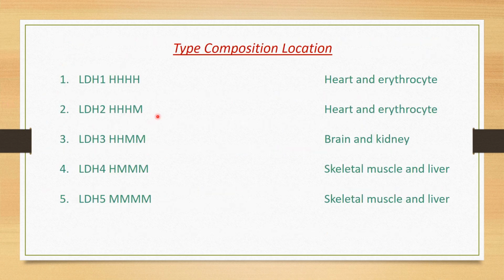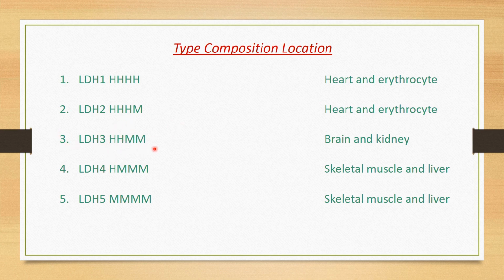Let's see. LDH1 is called 4H and is present in heart and erythrocyte. LDH2, here also the proportion of H polypeptide chains is much more than M. So it is triple H, one M, also present in heart and erythrocyte. Now comes the 50-50, HHMM.